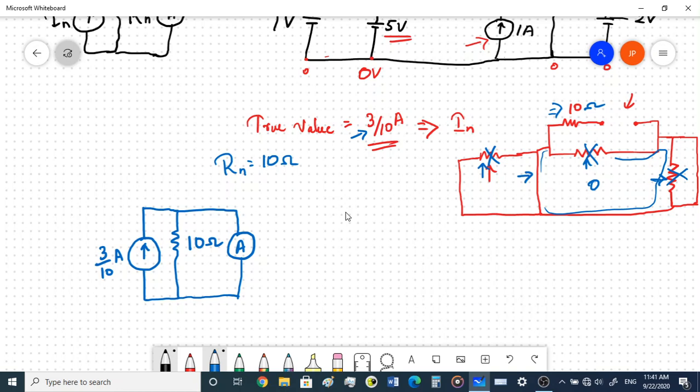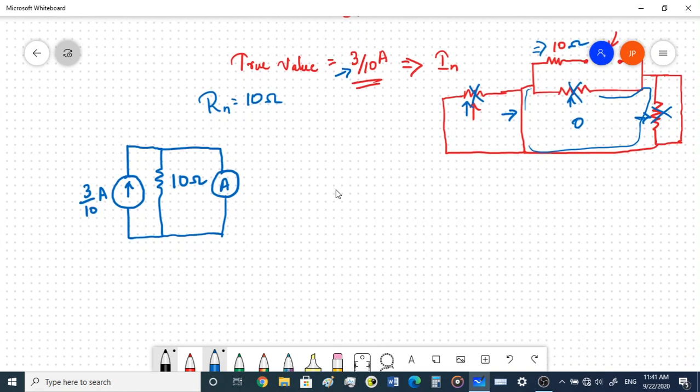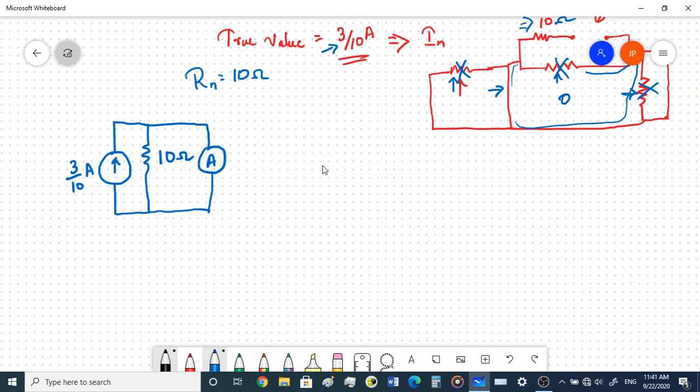So from this circuit we'll be able to find the current through the ammeter, right?